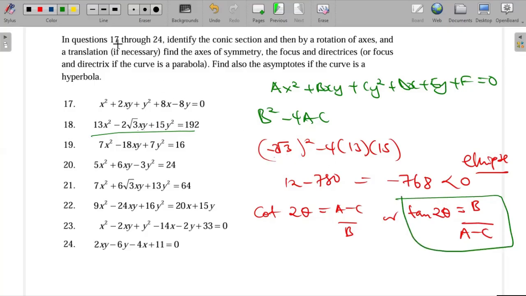I prefer tan. So tan 2 theta is equal to your B, which is negative 2 root 3, over A minus C. Our A is 13 and our C is 15.